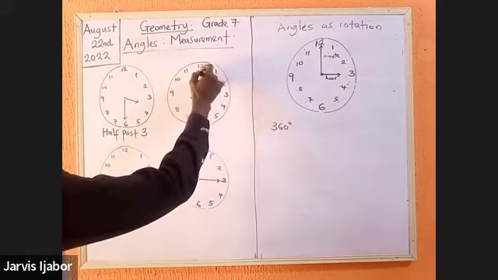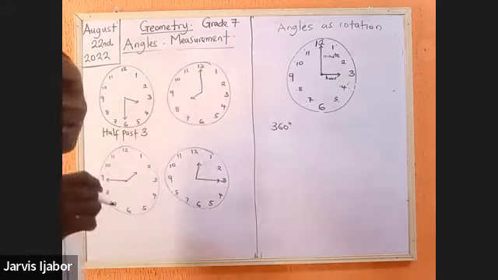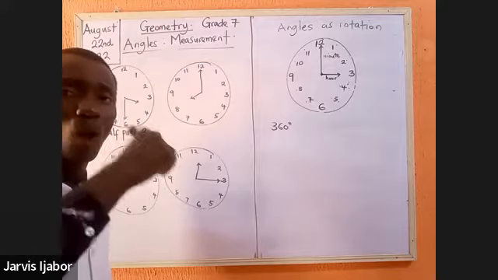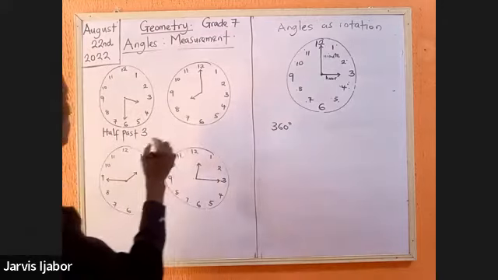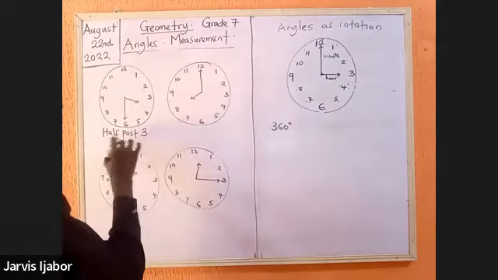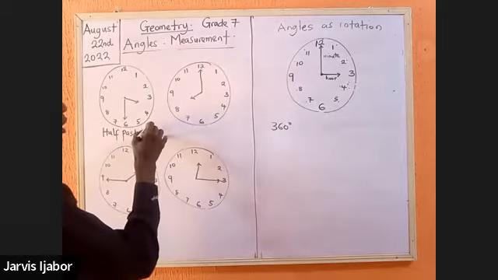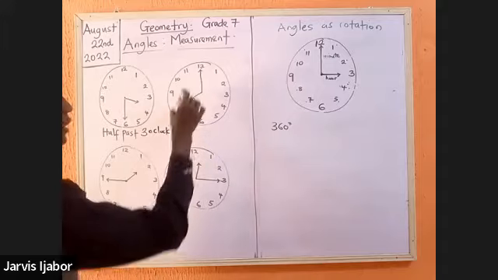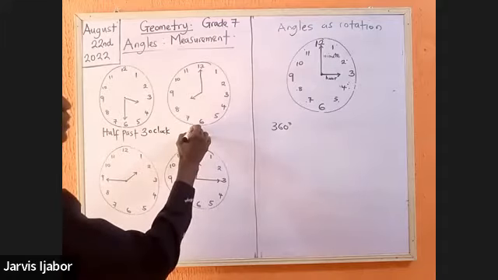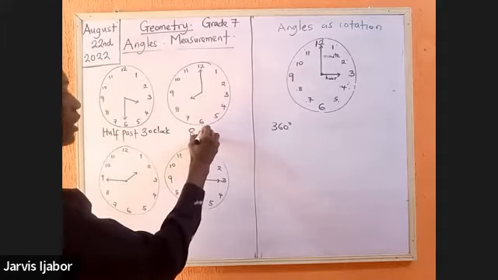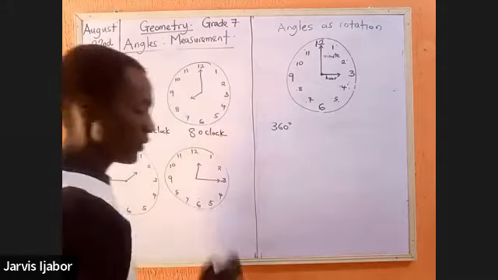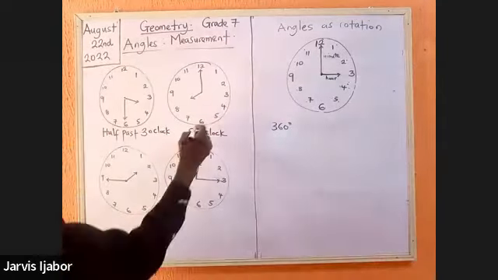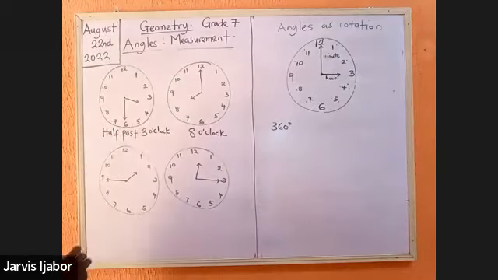You discover that the minute hand is at 12. Anytime the minute hand is at 12, it means that there's a complete hour time. So this will be 3 o'clock. And let's look at this. This will be what? 8 o'clock. So that will be 8 o'clock. Sometimes we have this apostrophe on it.